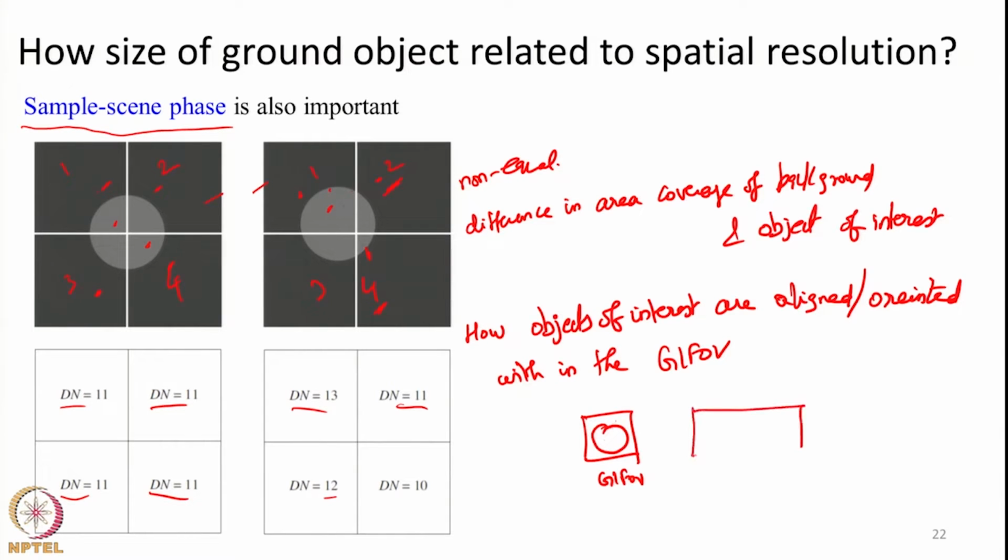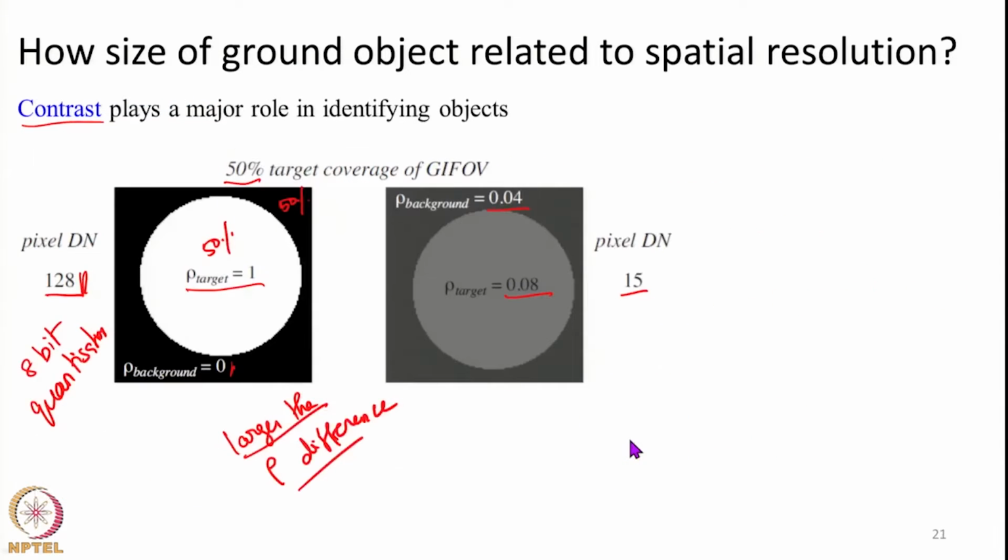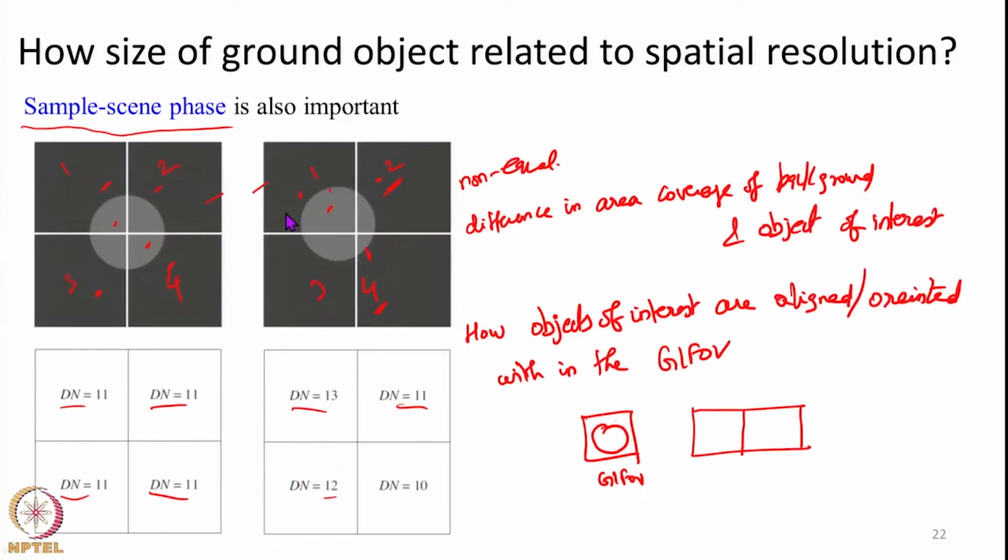But let us imagine the same object, even with this 50% contrast difference. If that bright object is oriented like this, instead of being in 1 pixel, then the DN values for these 2 pixels will differ and our ability to identify this object of our interest will change.